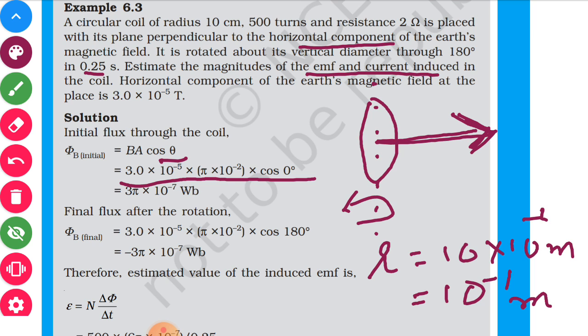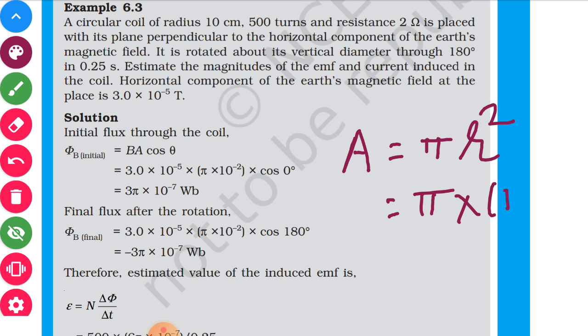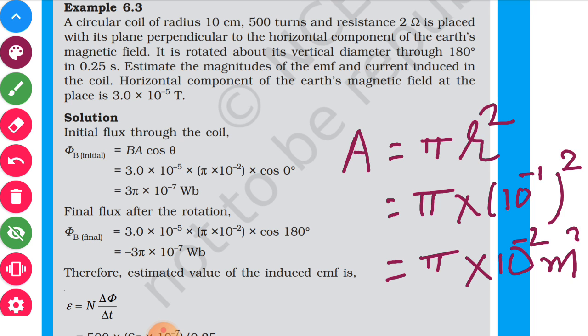So the area of the circular coil is pi r square. So pi into radius 10 raised to minus 1, or 0.1, so it becomes pi into 10 raised to minus 2 meter square as area.